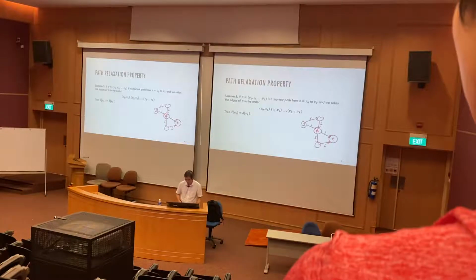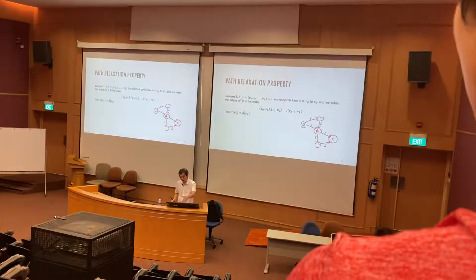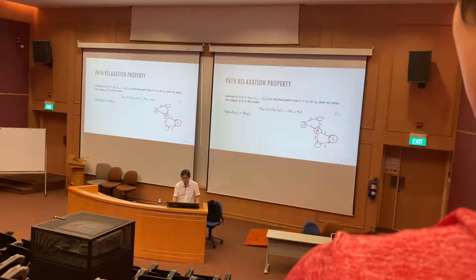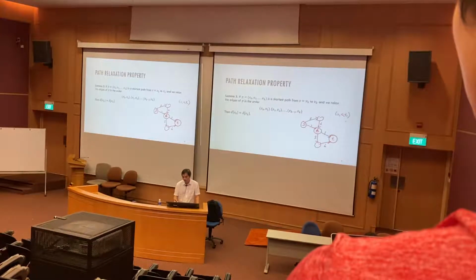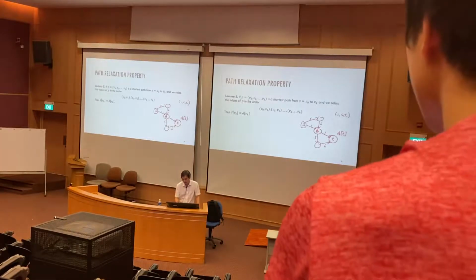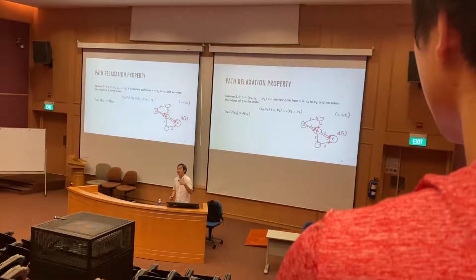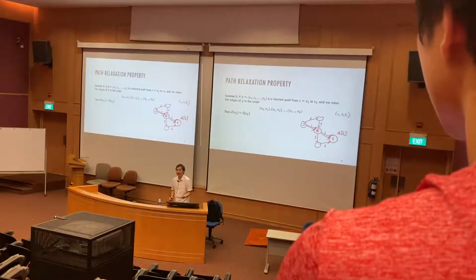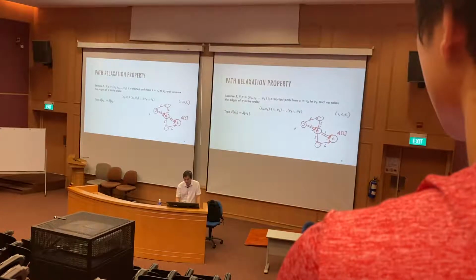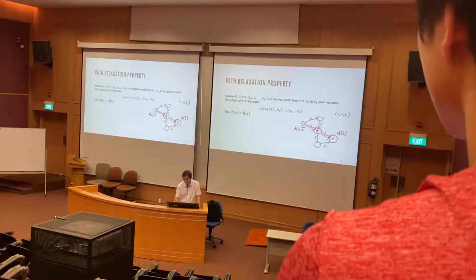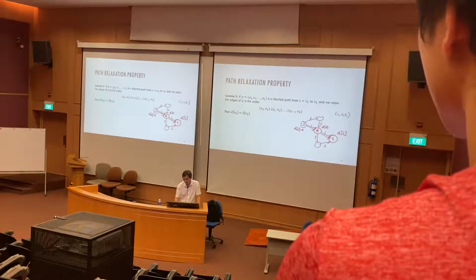So all this says is that if I tell you what the shortest path is, so here the shortest path is S, A, T. If I tell you S, A, T is the shortest path, what you need to do to get the correct distance estimate at T, from source to target, is simply to relax this edge first, followed by this edge. Now, knowing what you know about the relax operation, this has to be true, right? What you're doing is simply this. Your initial distance estimate at S is 0. The rest is infinity, to start.